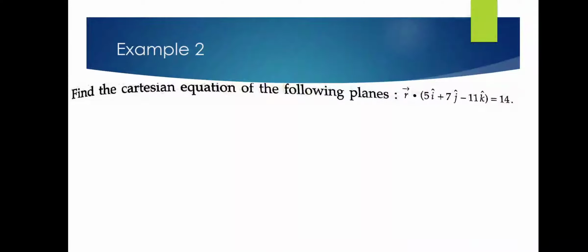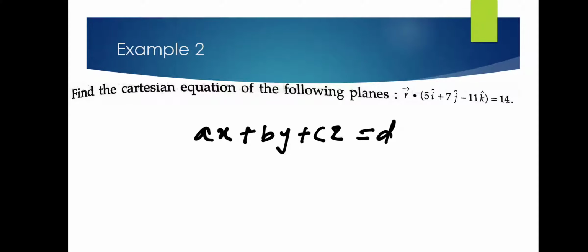Find the Cartesian equation of the plane r dot 5i plus 7j minus 11k equals to 14. Now, if you all remember how the Cartesian equation happens, that is, if the equation of the plane in the Cartesian is ax plus by plus cz equals to d, let me take the d on the other side, then that in the vector form is going to be something like this.